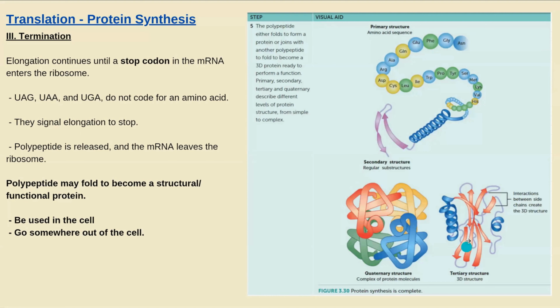But generally, proteins actually work with other long polypeptides to create a larger complex, and this is referred to as a quaternary structure, where you have a coupling of several different proteins working together. An example of that would be hemoglobin, right? So you have primary structure, secondary structure, tertiary structure, and quaternary structure.